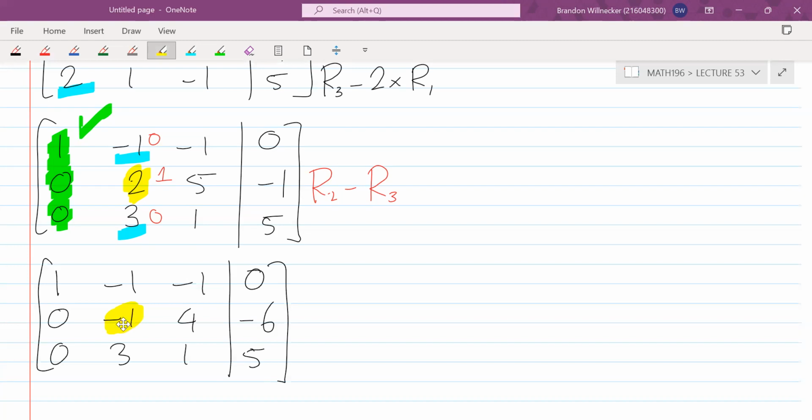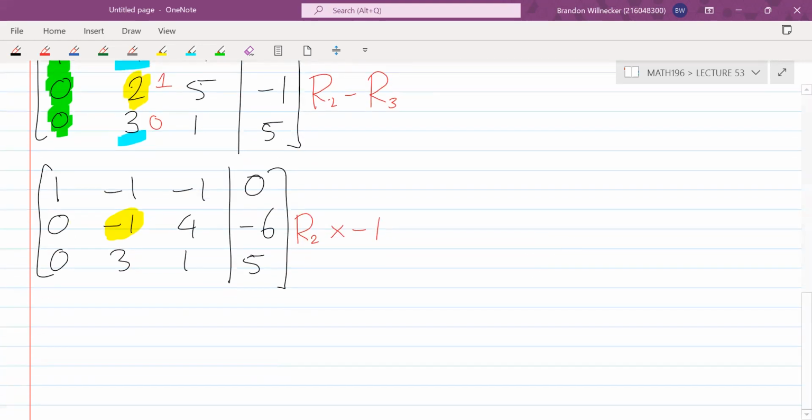Okay, so it's close to 1, which is what we need, but that's fine because we can take row 2 and now multiply by -1. And then that gets rid of the -1, turns it into a +1, which is what we needed. Okay, so it's 2 steps instead of 1, but now we can avoid those fractions.